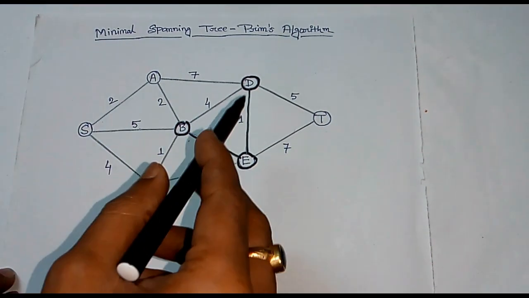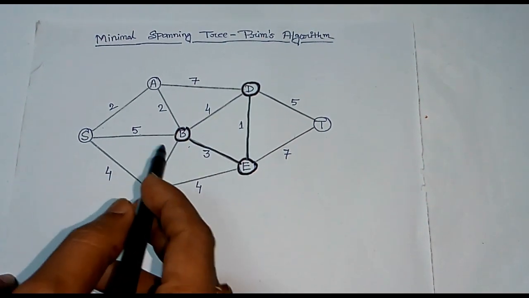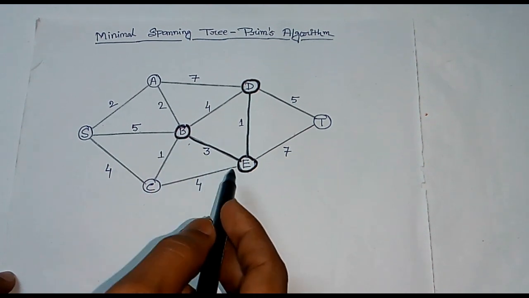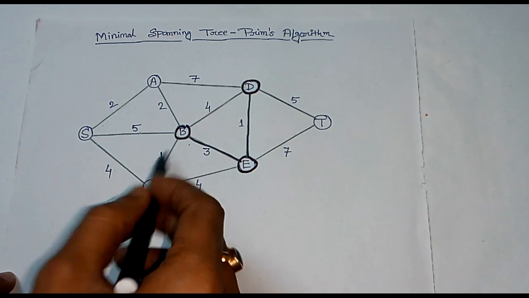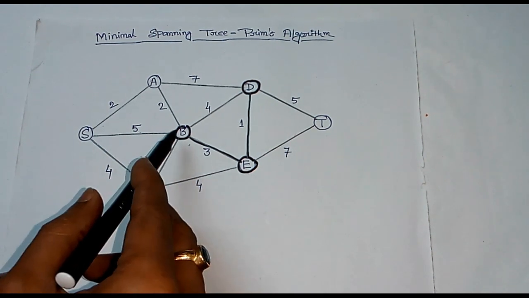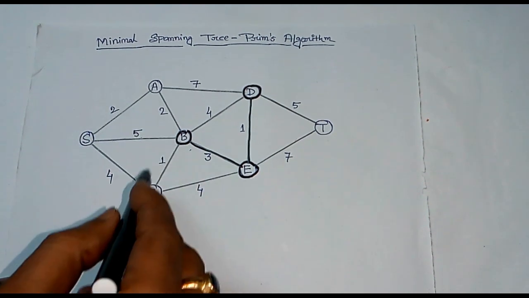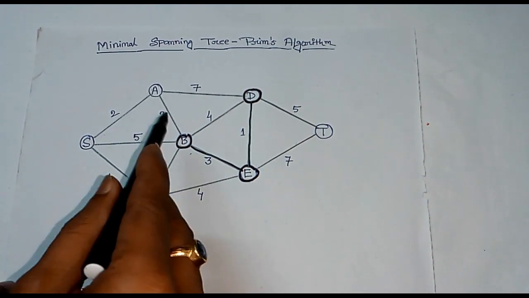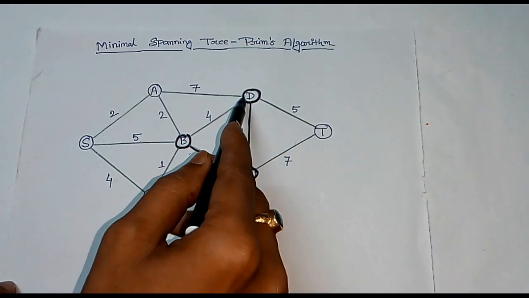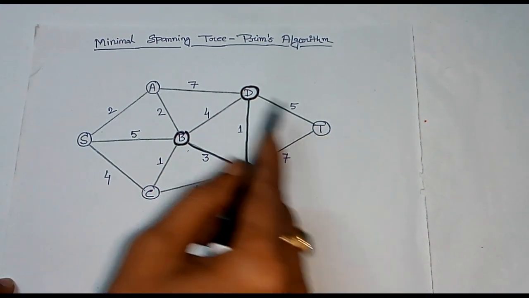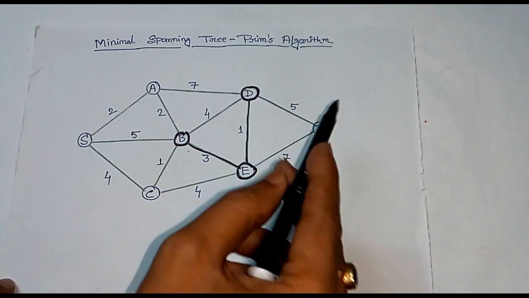Now we have selected 3 vertices B, E and D, and next we have to compute the distances from these vertices, and here we see that the minimum distance is 1 because there are 3 vertices which are connected to B. These are A, S and C. So among these 3 vertices, C is nearest to B. If we consider D, then there are 2 vertices T and A which are adjacent to D, and 5 of them is minimum.